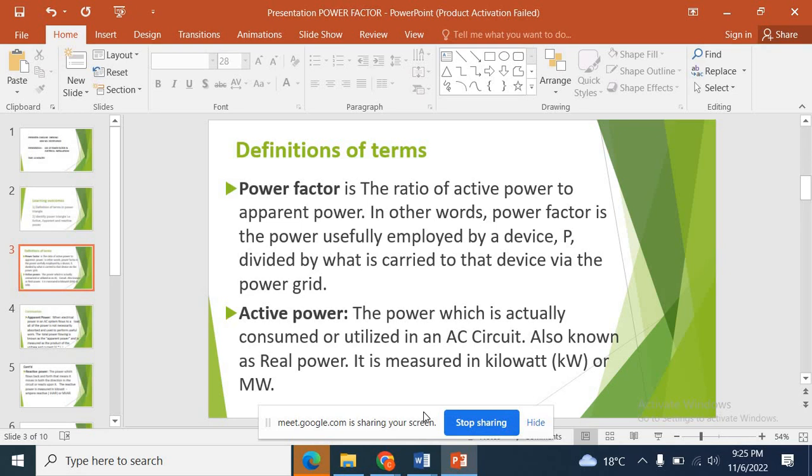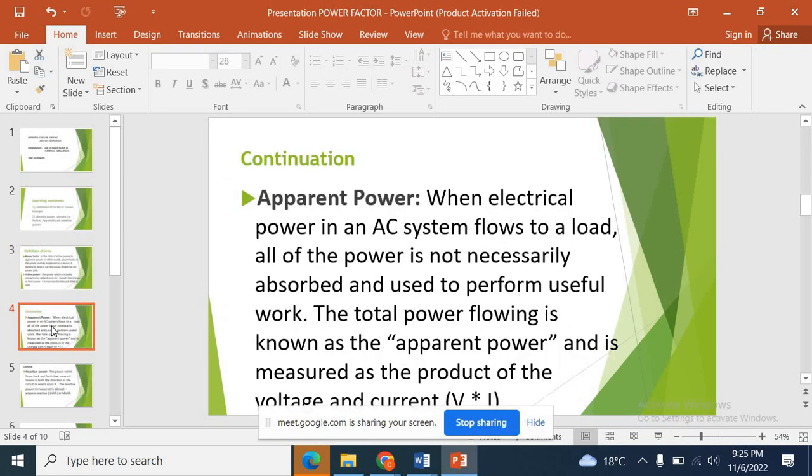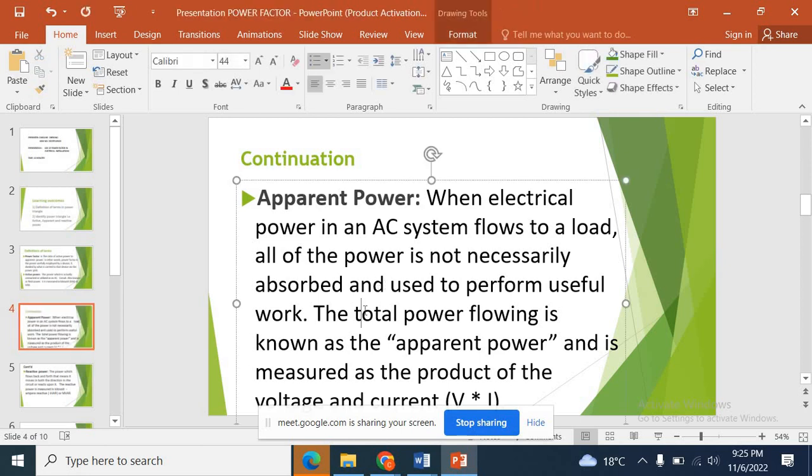It is measured in kilowatts or megawatts. Let's go to our next slide. The next term we are going to come across is known as apparent power. Who can tell us what apparent power is?